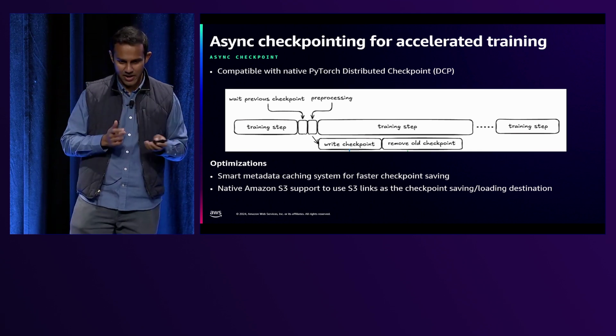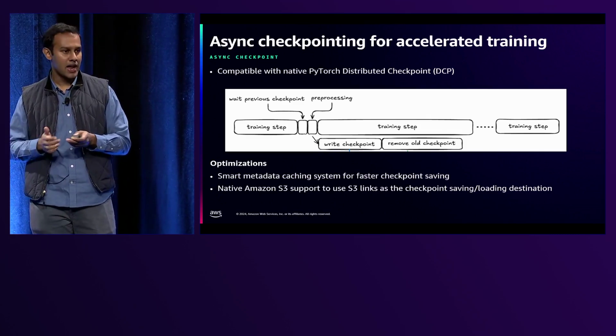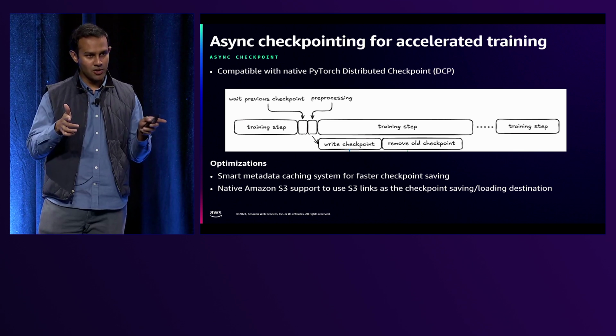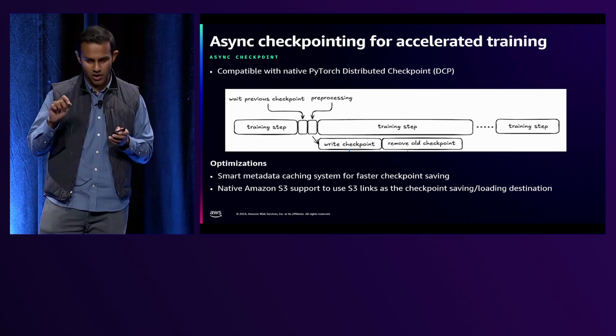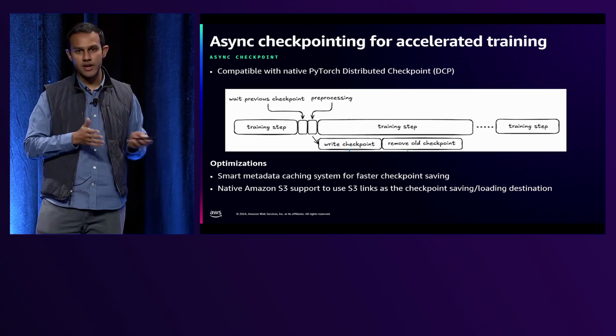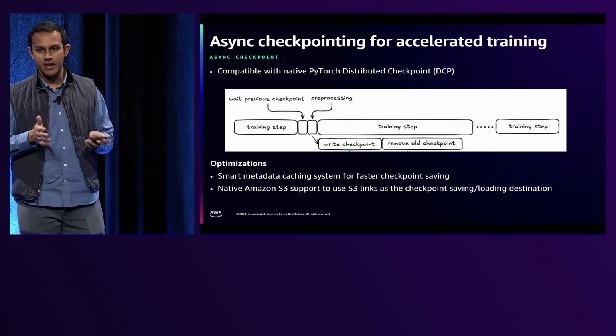So the question becomes, how do you accelerate your training by optimizing checkpointing? And what we've built is asynchronous checkpointing, where as the GPU is running training, there's a separate worker that's writing these checkpoints to S3. And we've also made optimizations under the hood around a smarter metadata caching system.